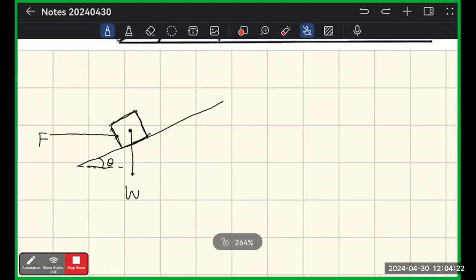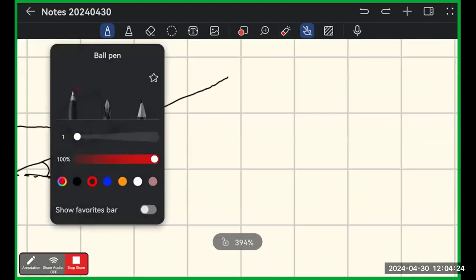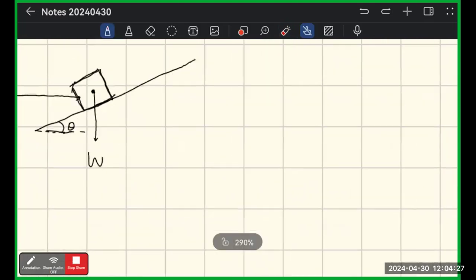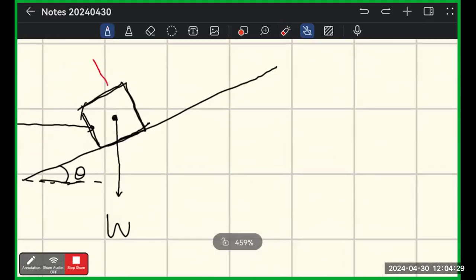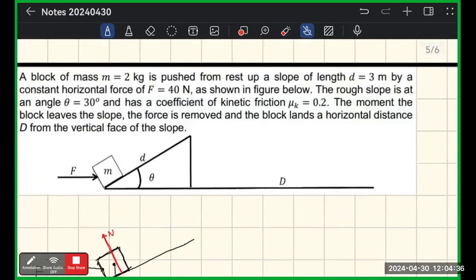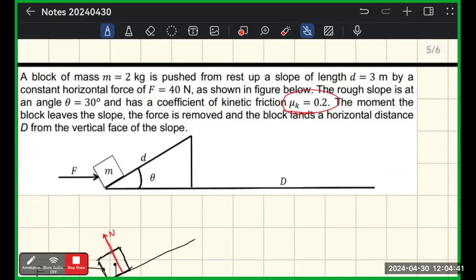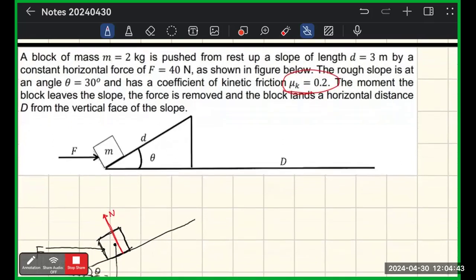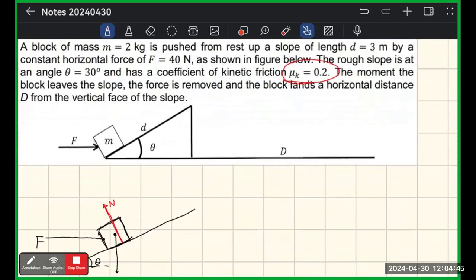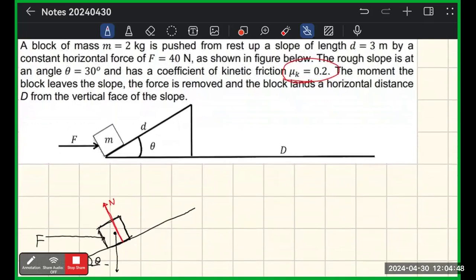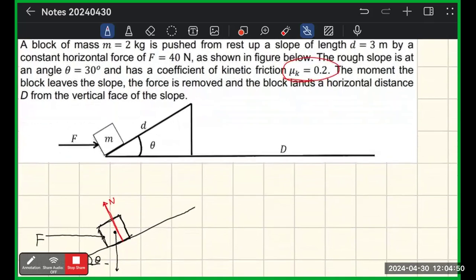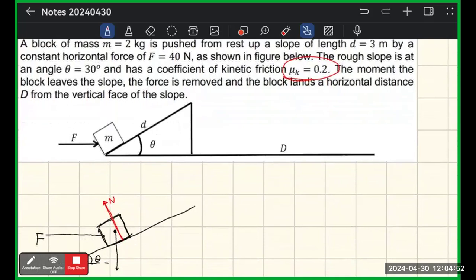I'll just draw it in different colors so that it's easier for you to see. This is the normal force. And there's another force, which is the friction force, which they told you is the kinetic friction only, not the static friction. What they meant by this is that they assume this condition already passed the static friction state. So they ignore the static state of friction.